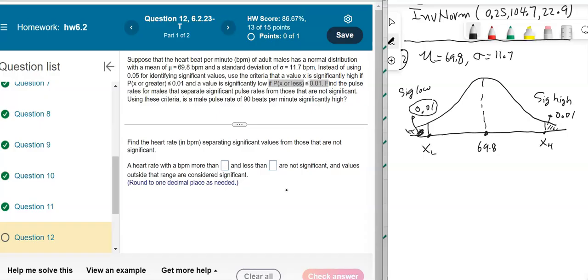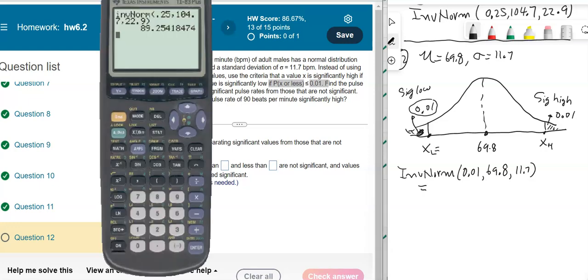So we're going to do inverse norm, 0.01, comma, 69.8, comma, 11.7. That will give you the significantly low value. Clear, second bars, inverse norm, 0.01, comma, 69.8, comma, 11.7.